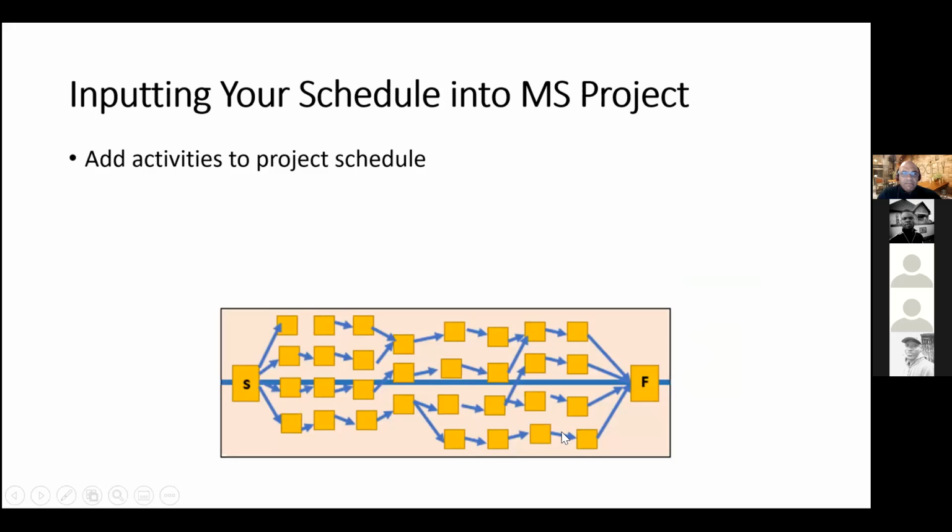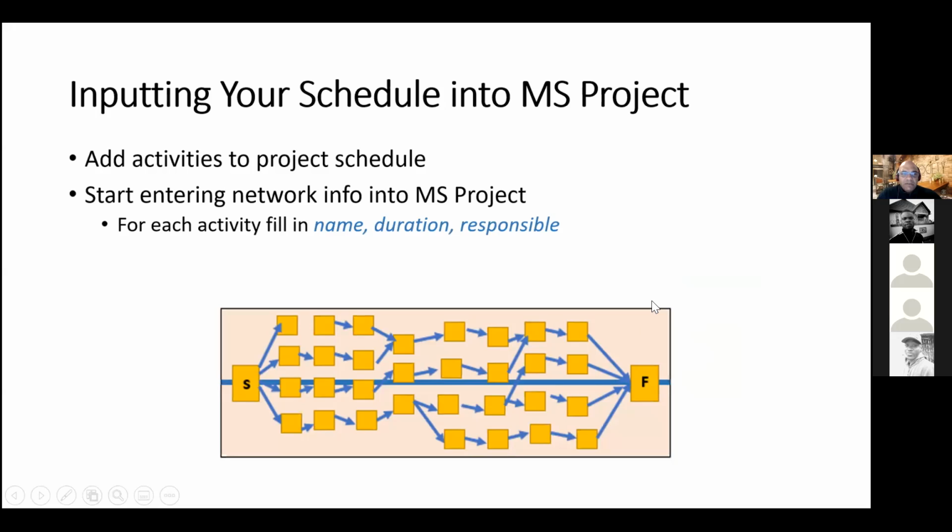Okay, now you need to start entering the network information into Microsoft Project. So we're going to show you how to do this, right? So each of these yellow activities, like I said, should have the name of the person who is responsible, the duration that each activity will take, the name of the activity, and so on.